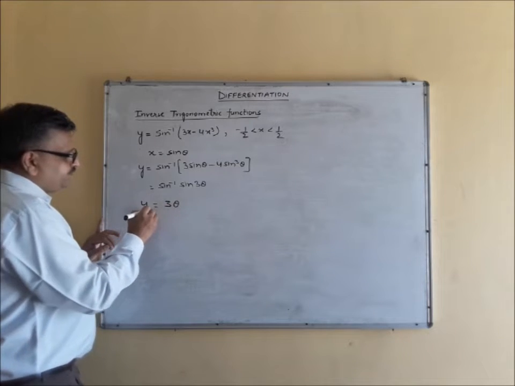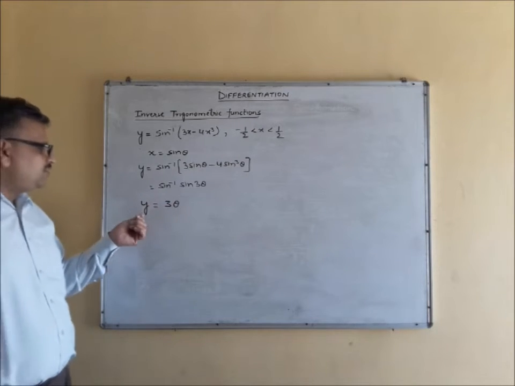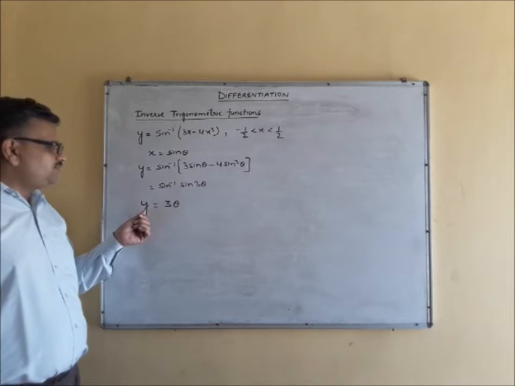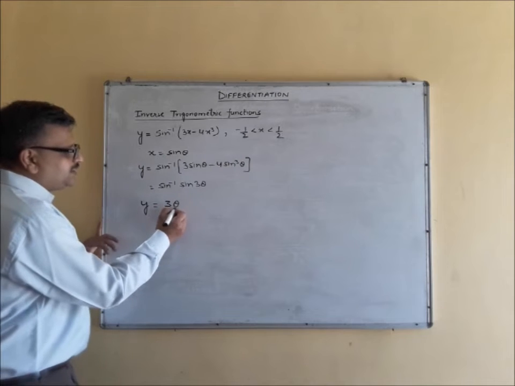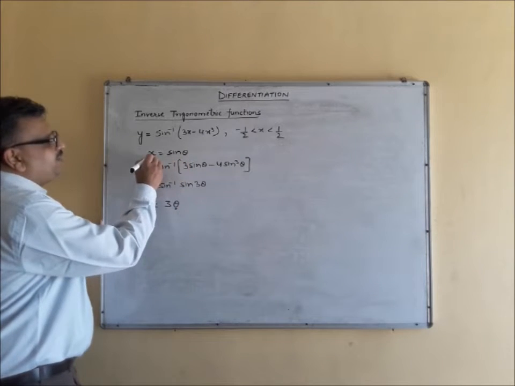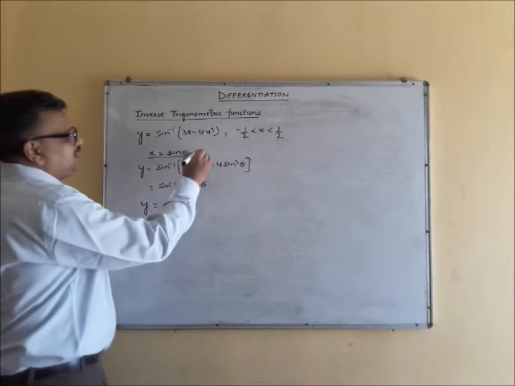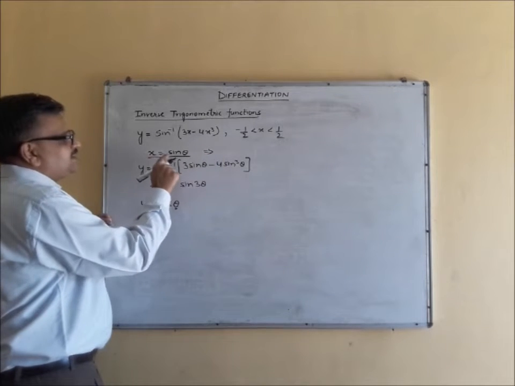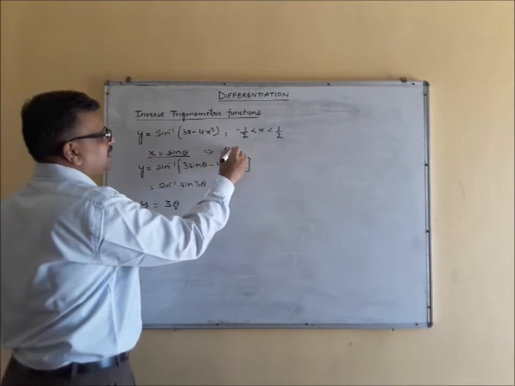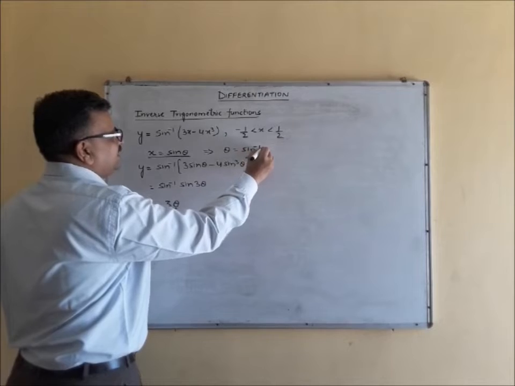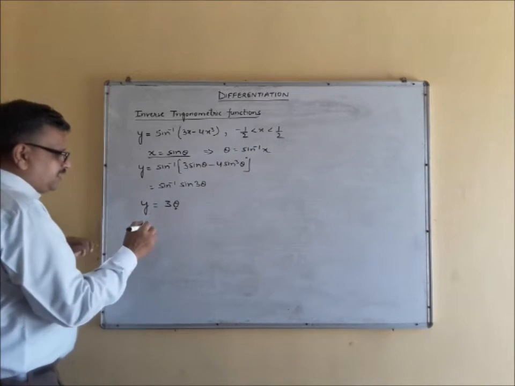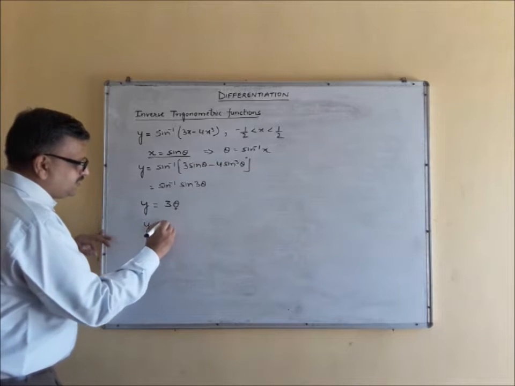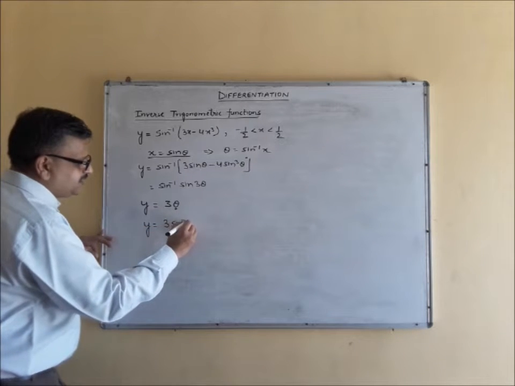Now we have to find the derivative of y with respect to x. So we have to convert this theta. We have to find the value of theta from here. If x is equal to sine theta, then theta is equal to sine inverse x. Now we substitute this value of theta here. So y is equal to 3 sine inverse x.